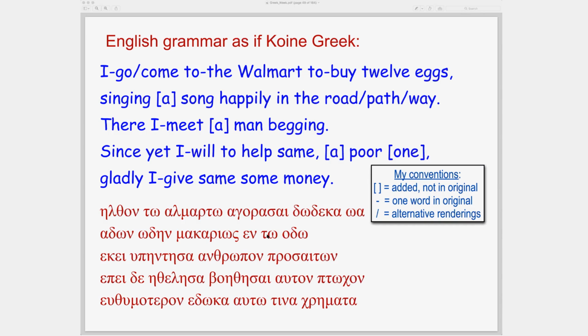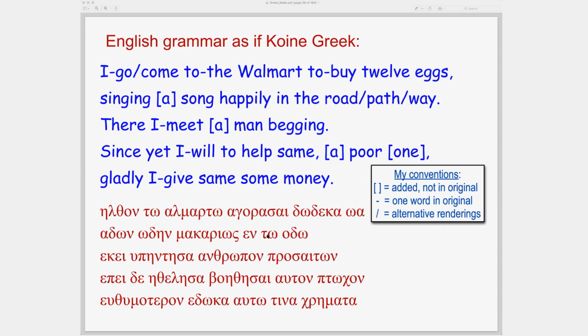And so you see some things that are a little bit different. Let's see. I go, Eilthon, to. Okay, well, I had to make this one up. There's no W in sound, so I said Almarto.